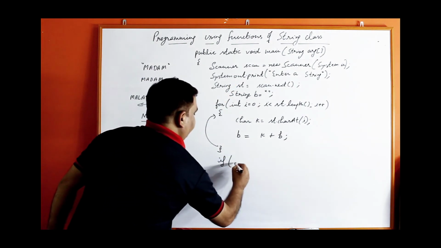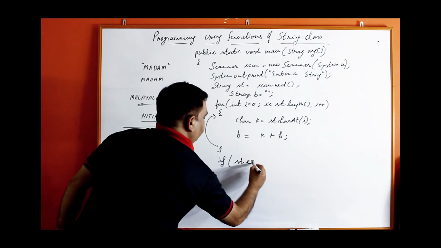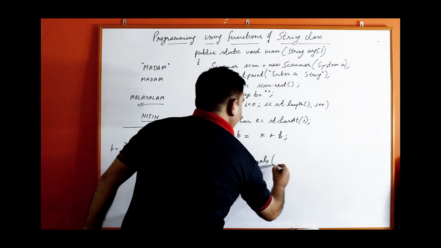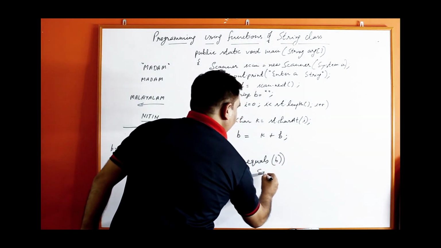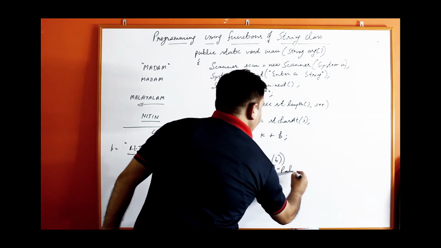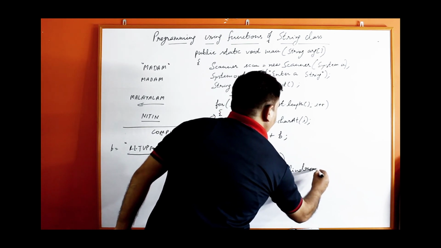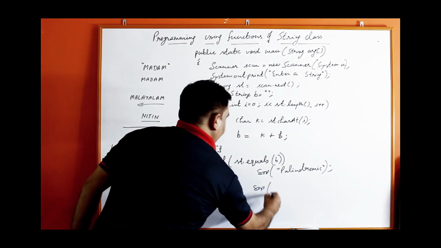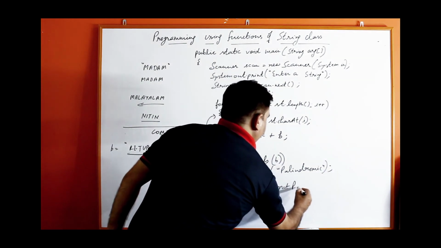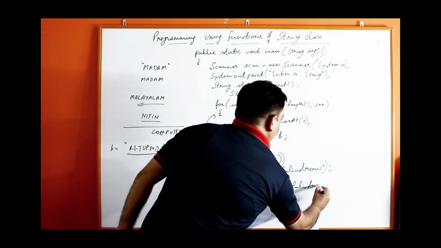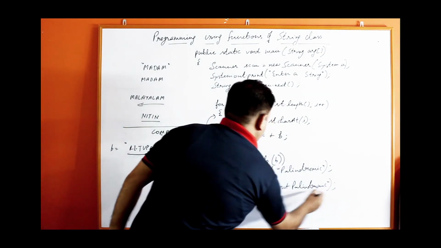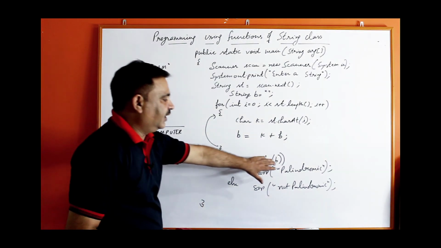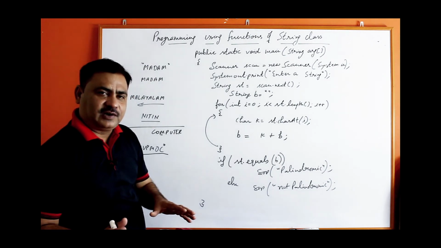So if st dot equals function I am using here to compare the string, st dot equals b, then print palindromic, else print not palindromic. Now close the function here. So in such a way you can compare the string whether it is palindromic or not.